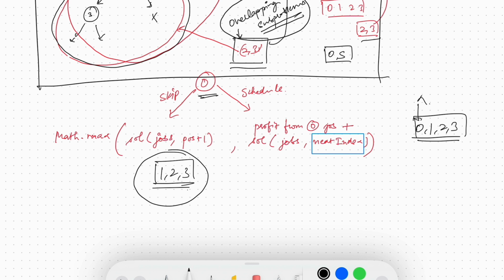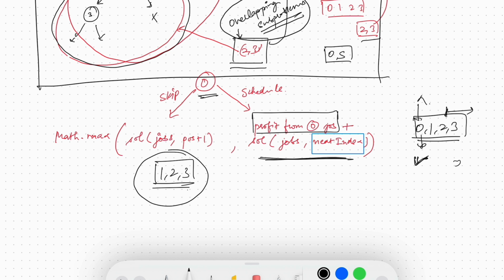If we schedule the 0th job, we are considering the 0th job. It means we need to check after which index I can schedule my jobs, because for that job the starting point should be greater than or equal to the ending point of the 0th job. So the profit from the 0th job plus the profit from the next valid index.